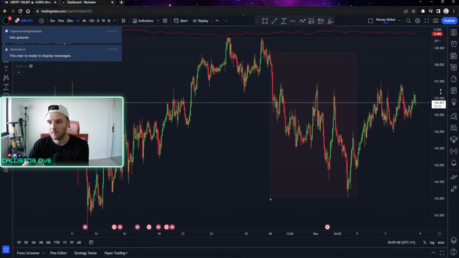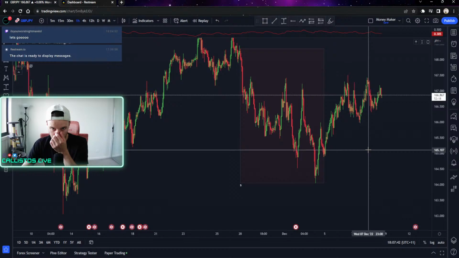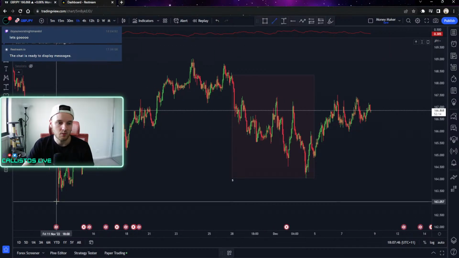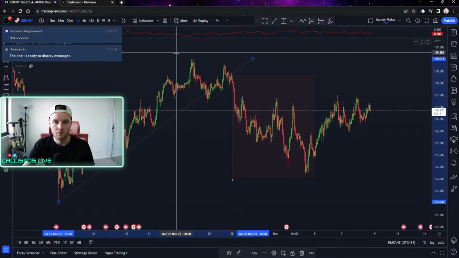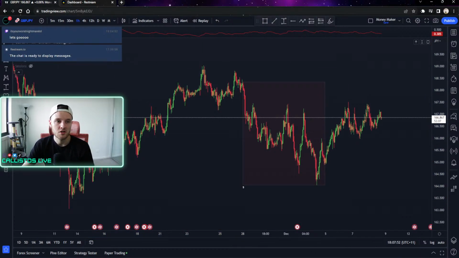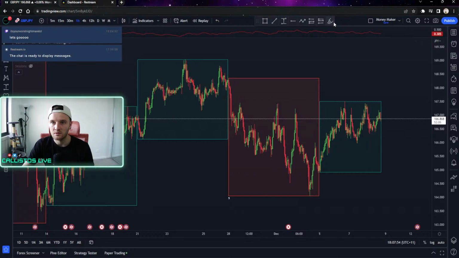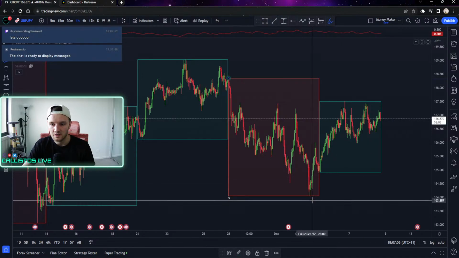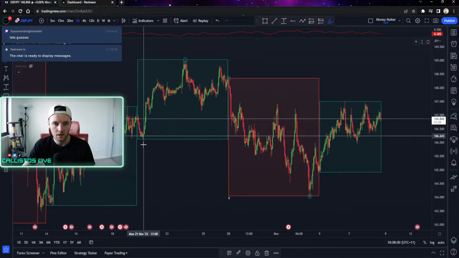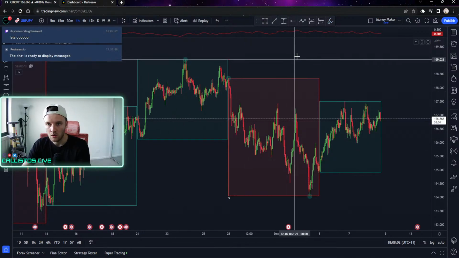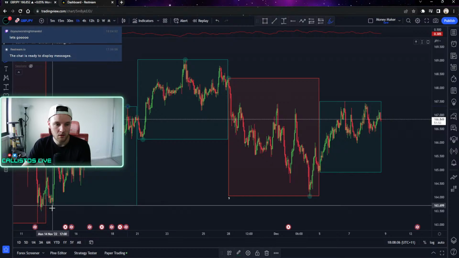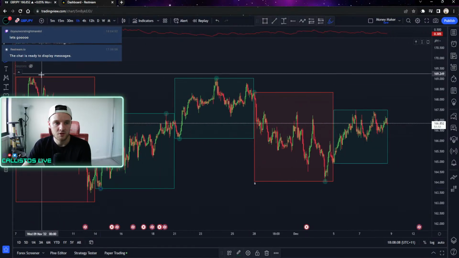So this was last week's candle, and you can see price was in this uptrend the week before on GJ, and it broke to the downside. Then last week we were trending bearish. If we mark out some weekly highs and lows here: previous weekly high, previous weekly low, weekly high, weekly low, weekly high, weekly low, so we can zoom out.